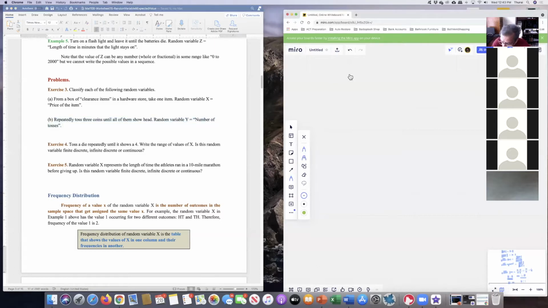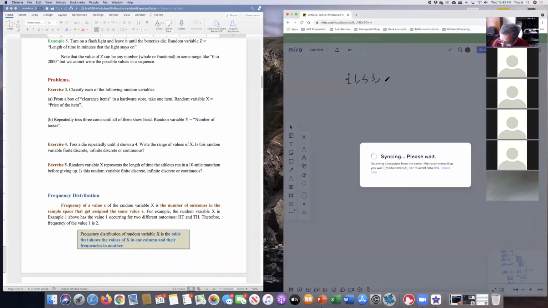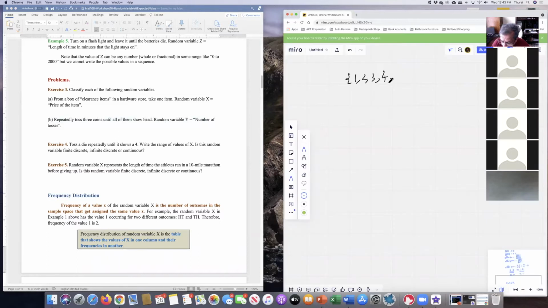So it'll be 1, 2, 3, 4. But it's not going to stop at 6, right? It's going to be... It's okay to write with the dots. It's going to be infinitely many, right? Because we don't know how many tosses it takes to get the 4. So what is the classification? Infinite discrete. Very good.